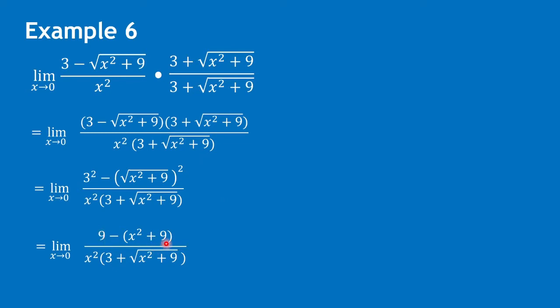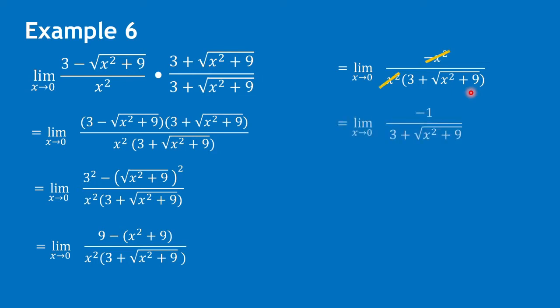So simplifying our numerator, we can have 9 minus x squared minus 9, distributing the negative 1 here. So therefore, we have negative x squared over the denominator here. And as you can see, we can cancel x squared, leaving us the limit of negative 1 all over 3 plus the square root of x squared plus 9.